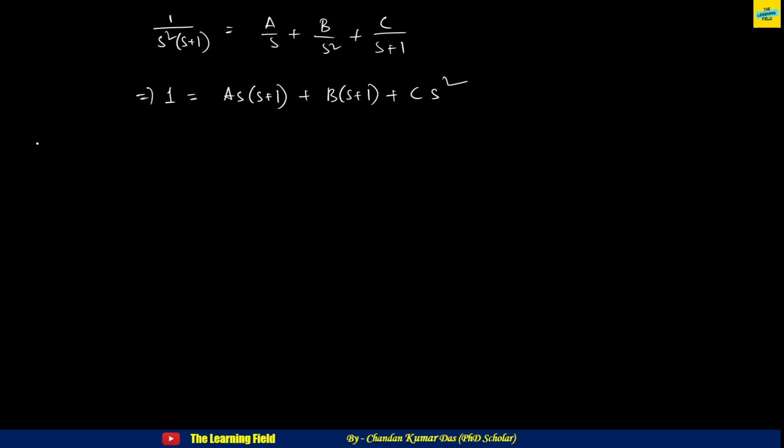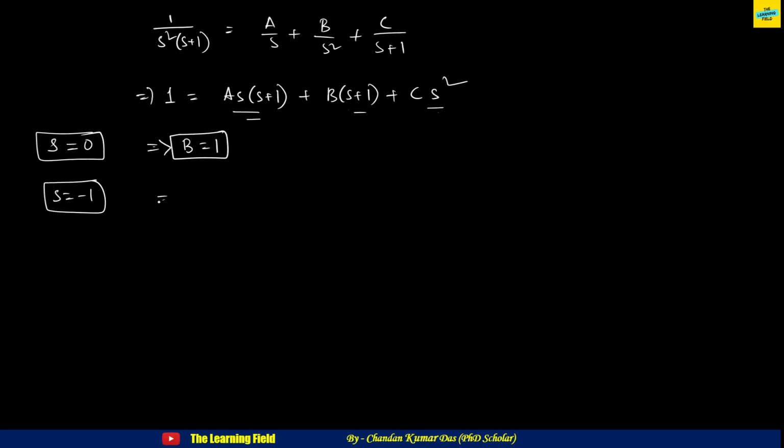In this identity, if we put s equal to 0, then two terms vanish and only one term remains, so b equals 1. If we put s equal to minus 1, then two terms are 0 and this gives c equal to 1.